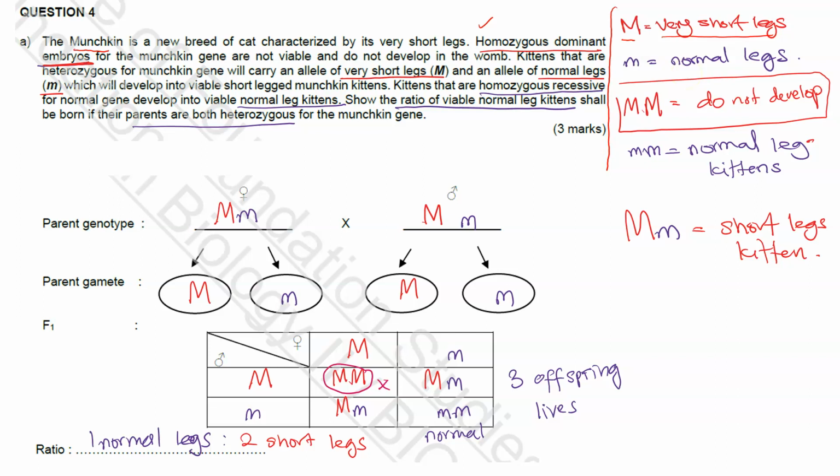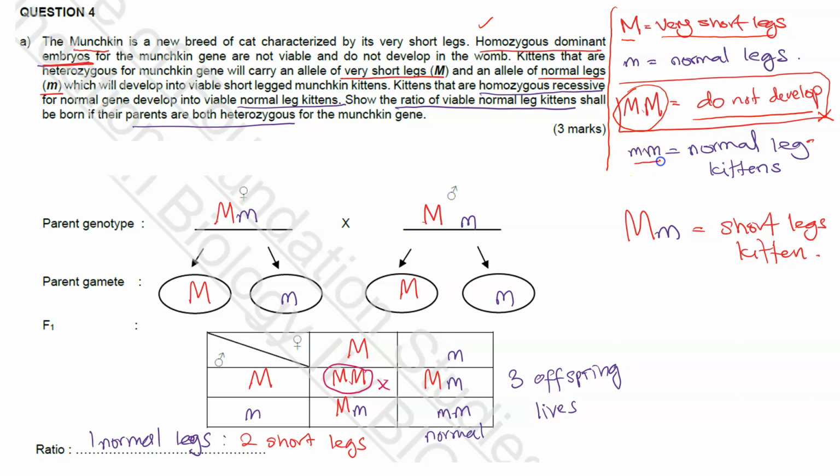But if the fertilization between egg and sperm carries both of the dominant alleles and produces a zygote that is homozygous dominant, the zygote will not be able to survive in the womb. Maksudnya matilah.